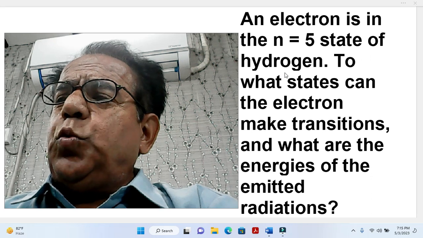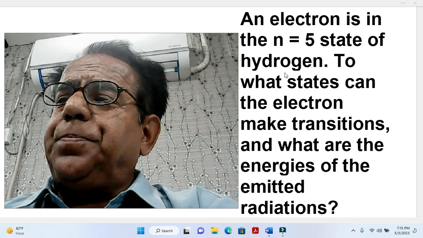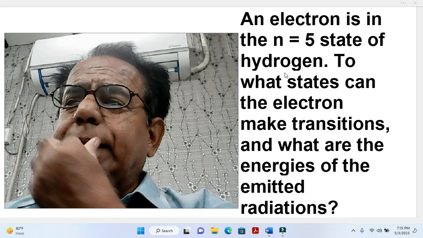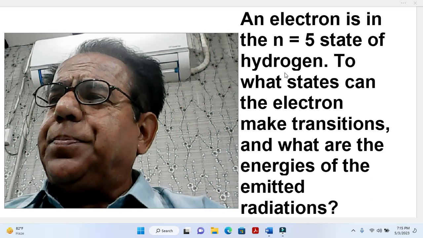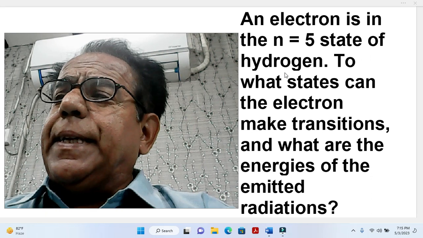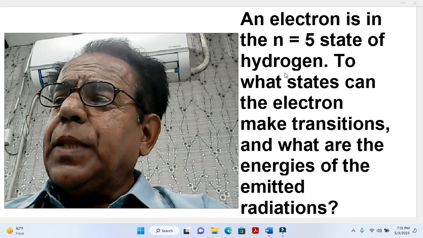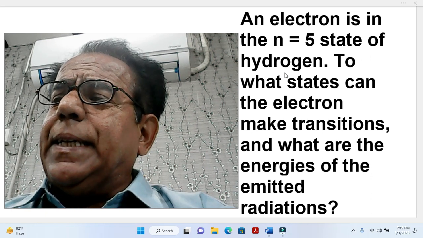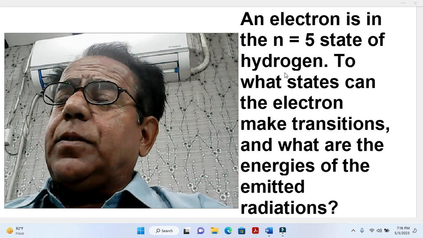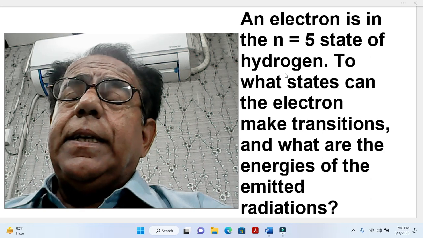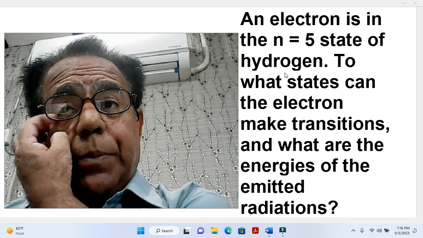We have to discuss transitions from one energy level to another, from one state to another. In addition, we have to also find the energies of these emitted radiations.